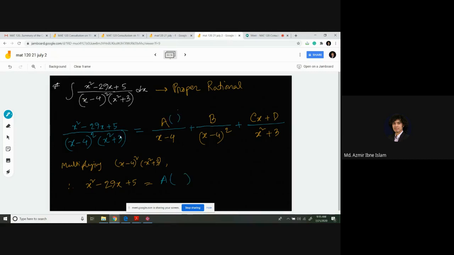We are multiplying x minus 4 squared and x squared plus 3. So one part will cancel. You will get just x minus 4, right, Nias? So x minus 4 and you will get x squared plus 3. For the middle part, b times, you will get x squared plus 3. And for the last part, you will get cx plus d times x minus 4 squared, right?